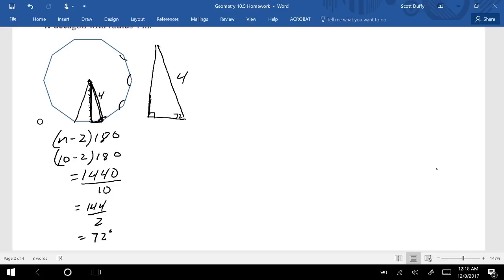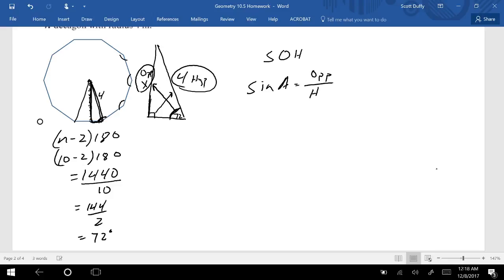Now we can use trigonometry. If that's the angle of interest and that's the opposite, which is the side we want to know, and that's the hypotenuse, we can use opposite and hypotenuse, which is sine. So the sine of the angle is equal to opposite over hypotenuse. The angle is 72 degrees.